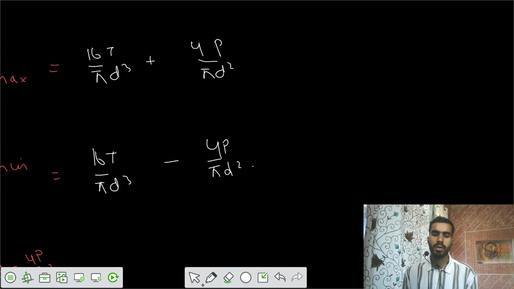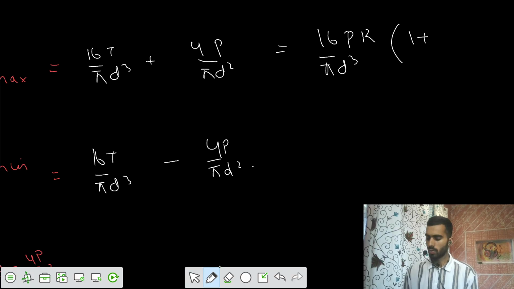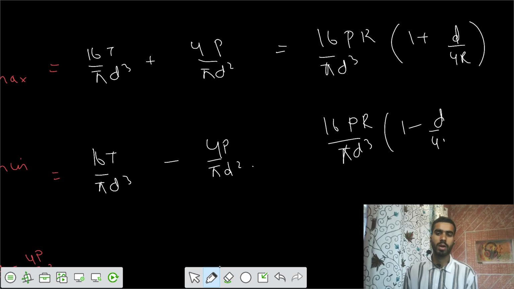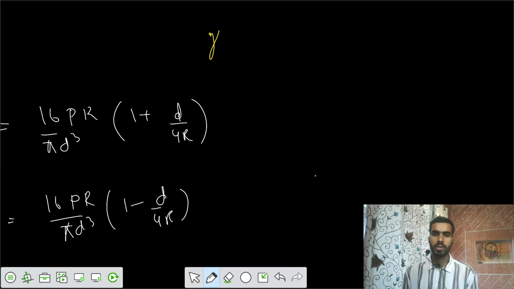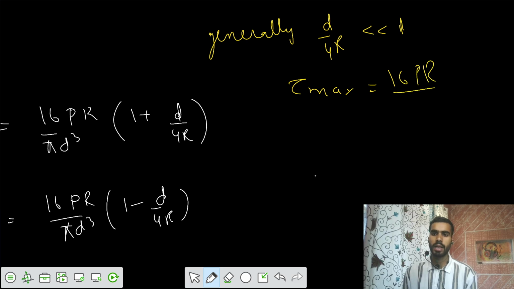Then I write it in terms of 16PR by pi d cube times (1 plus d by 4R), and in this one 16PR by pi d cube times (1 minus d by 4R). Generally, we say that d by 4R is very, very small as compared to 1. Then we write directly that tau max is equal to 16PR by pi d cube.